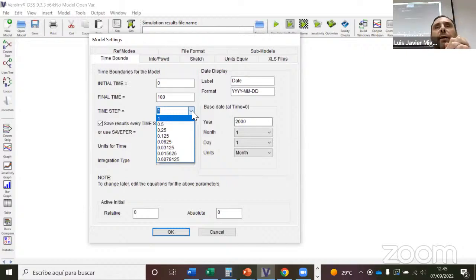Time step means the resolution of the differential equations.